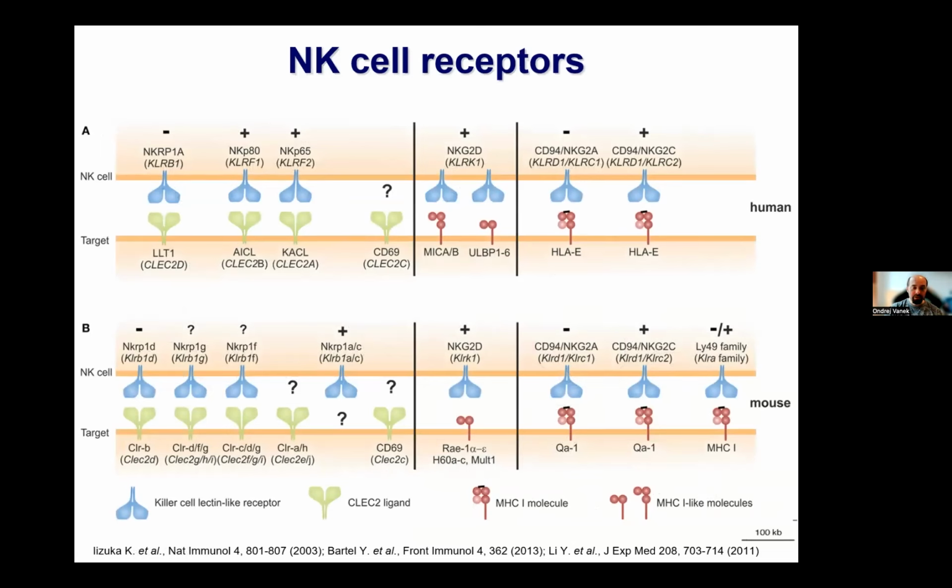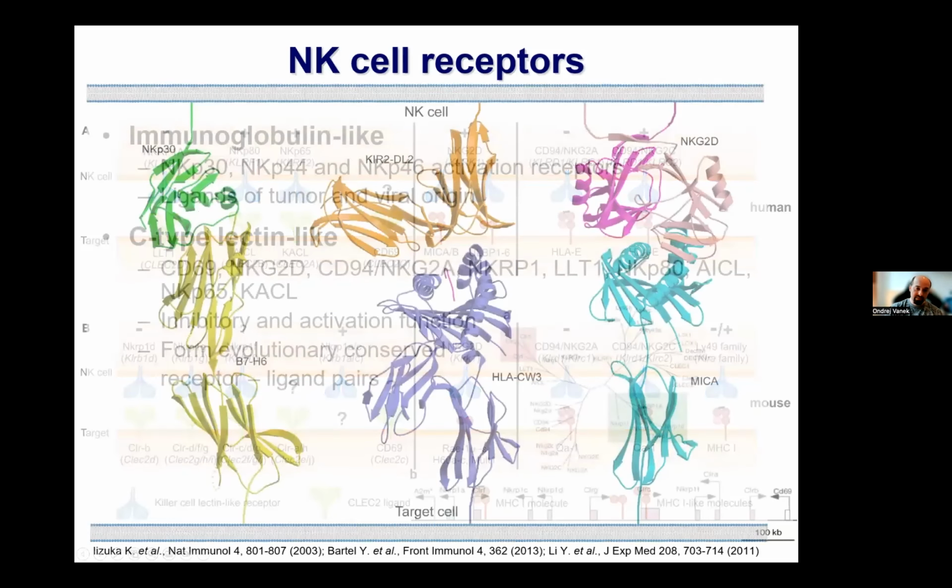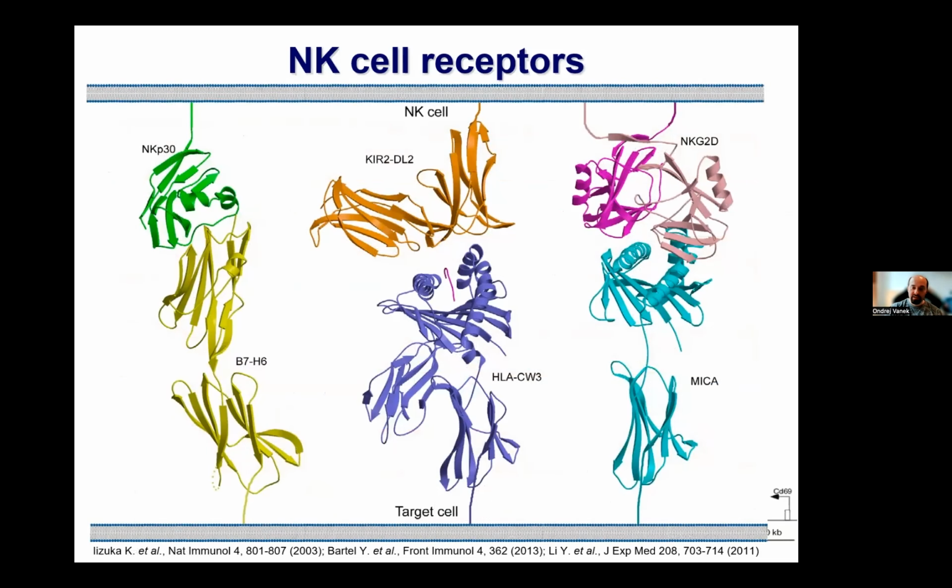And this picture is showing, it's like a textbook picture, maybe 10 years ago, showing various pairs of these receptors and ligands, and it's just a scheme. So others, and we as well, were interested in how does it look in real life. So then structures of various complexes were solved, so this picture became a bit more clear.